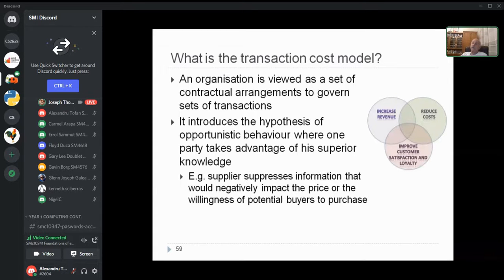So he might behave opportunistically. He will not tell the customer, "Hey, look, you're playing with your life if you're buying this car." Because obviously, if the potential customer knows about that fact, then he's not going to buy that car, or he's going to really reduce the price of that car.